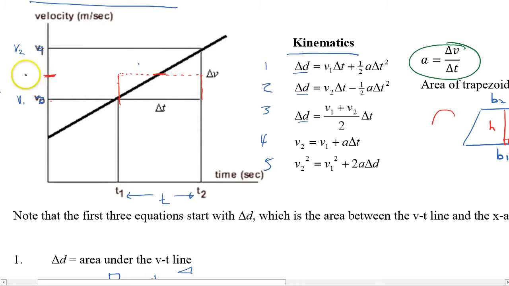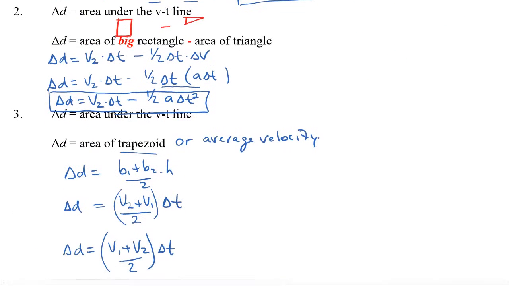So this spot here would be halfway in between those two values, which would be v1 plus v2 over 2. That's what the halfway point would be, the average of those two numbers. So this area would be equivalent, because this triangle and that triangle are the same, to using our average velocity idea to say delta d is equal to v times delta t, where this is the average velocity. So I don't do this very often, but you can also think of it as an average velocity.